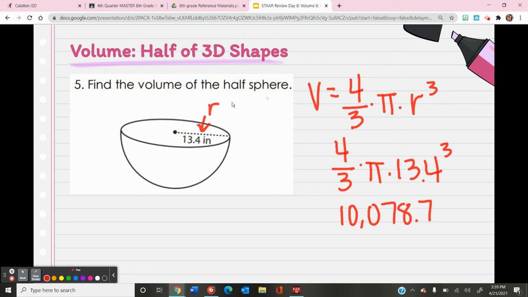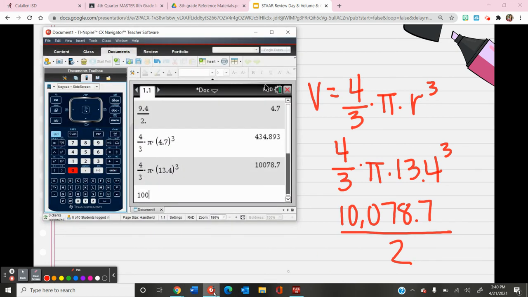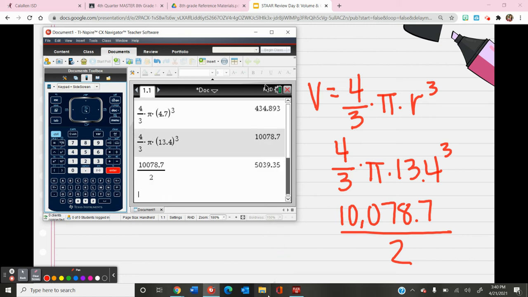However, this is a half a sphere, so I'm going to divide that number by 2. So in our calculator, we're going to take 10,078.7, divide that by 2, and now we have found that the volume of this hemisphere is 5,039.35.